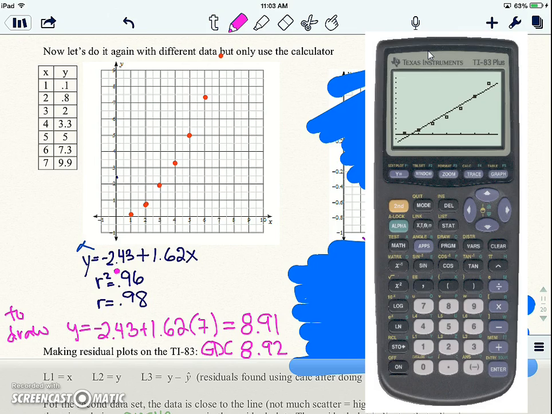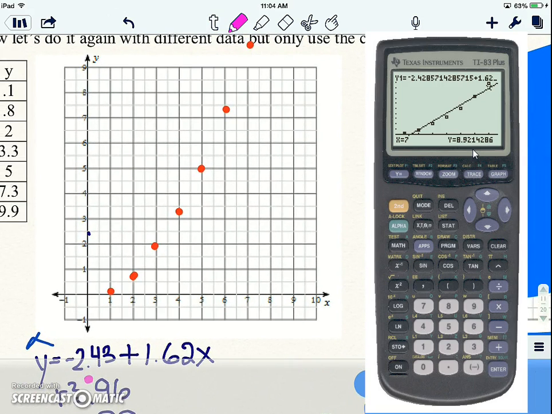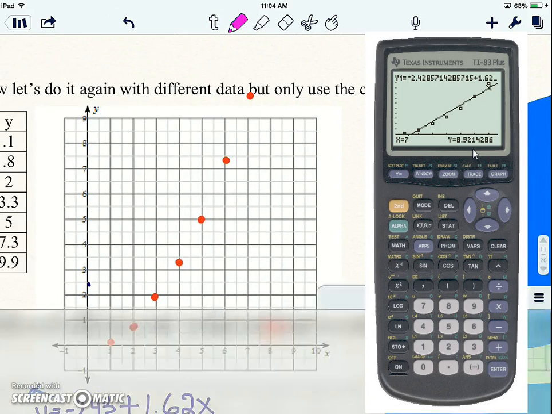So I could just plug it directly into my equation, like I did right here. Or I could use the calculator. If I use the calculator, I would go second, trace, value, and I want to know the value at 7. And it's 8.92. Notice when I did it by hand, it was 8.91. Either way, it doesn't matter, so it's 7. I'm going to go over to 8.92, right about there.